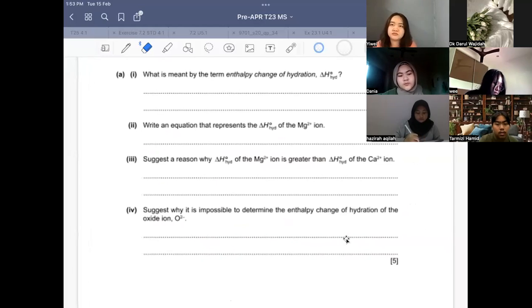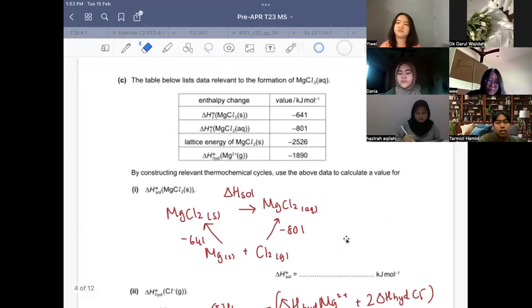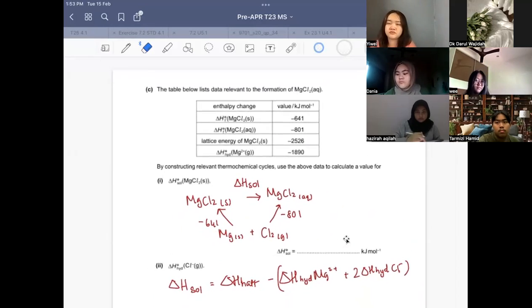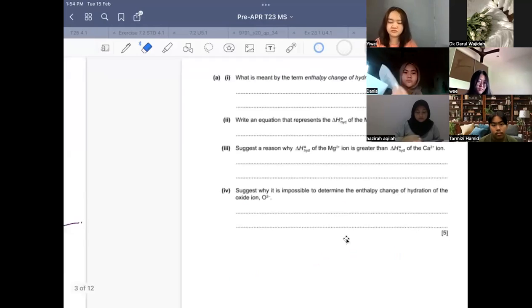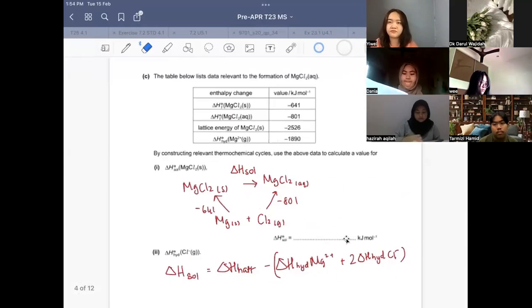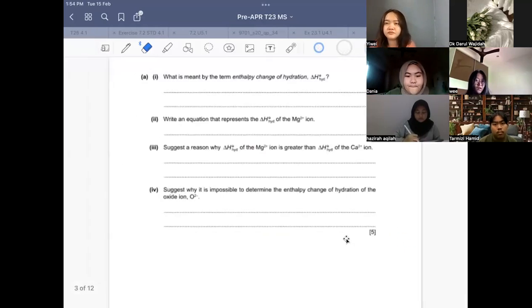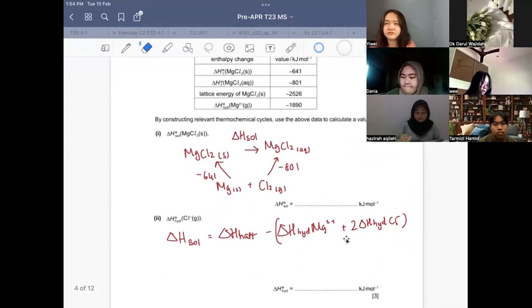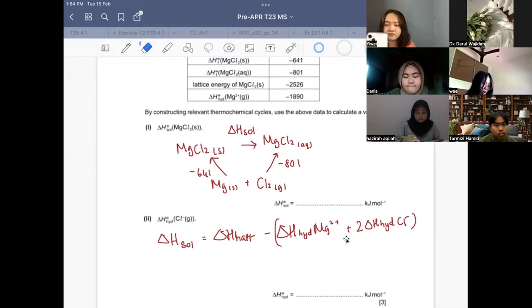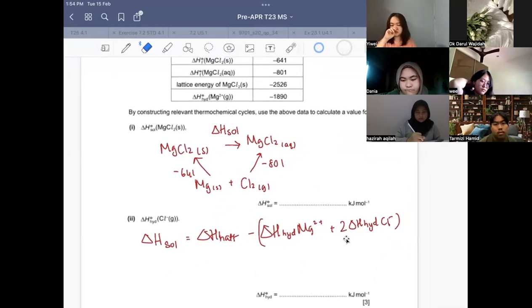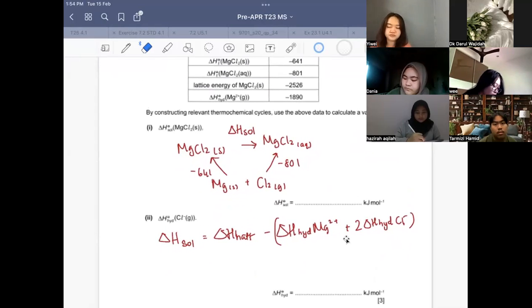These are all explanation and definition, so I will not touch that. For this question, question 2 part C, I think it's question 2 part C. Yeah, question 2 part C is also something that we have discussed in the class. Okay, it's exactly the same question as in your exercise. So I will just leave the working there.